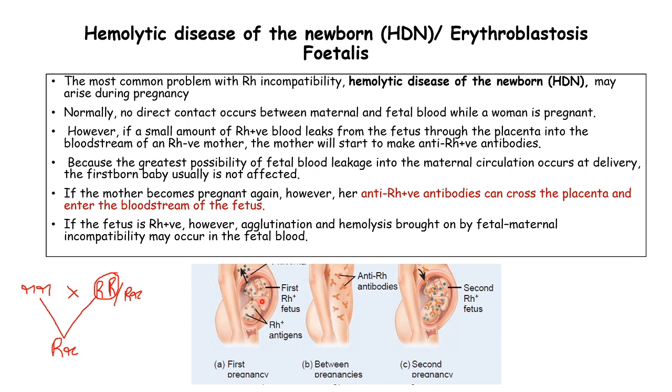After the baby is delivered, the Rh positive blood is mixed with the Rh negative blood of the mother. As a result, between pregnancies, the mother's body will be producing anti-Rh antibodies that will be present in the plasma of the mother.